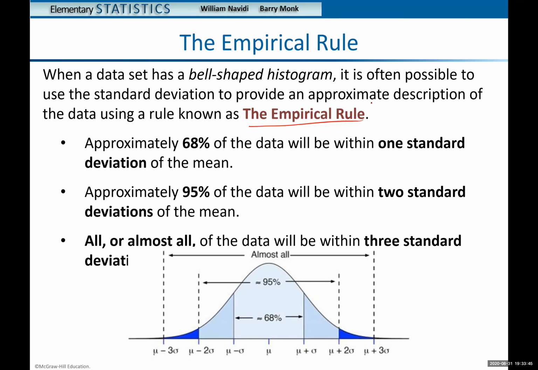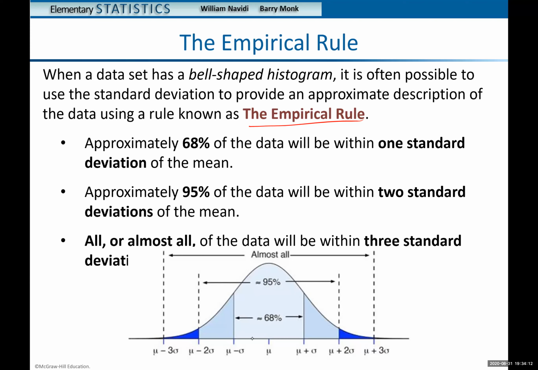That is when 68% of the data will be within 1 standard deviation of the mean. Remember the center is the mean. 1 standard deviation away, you subtract and you add that 1 standard deviation from the mean, and the total is 68%.